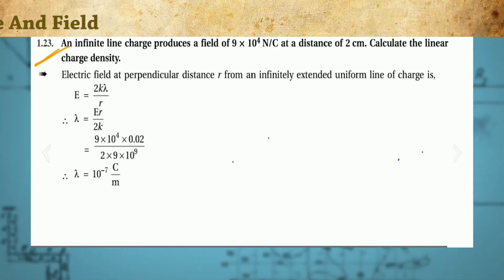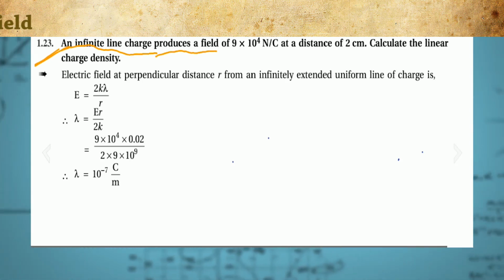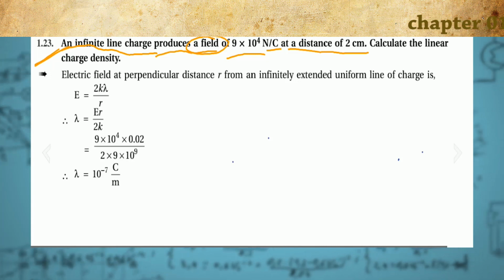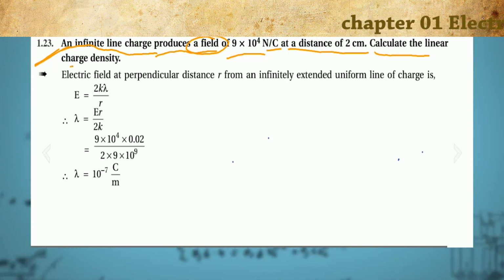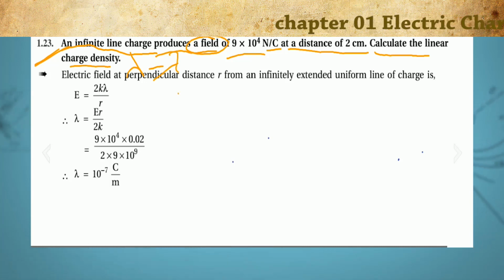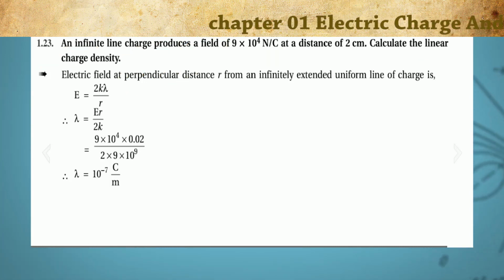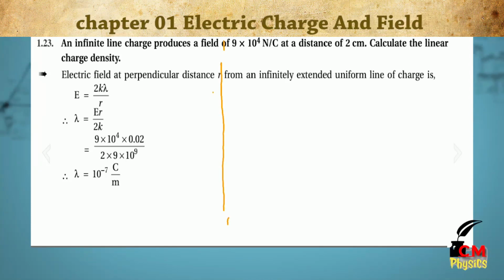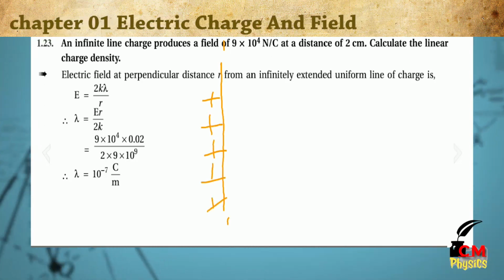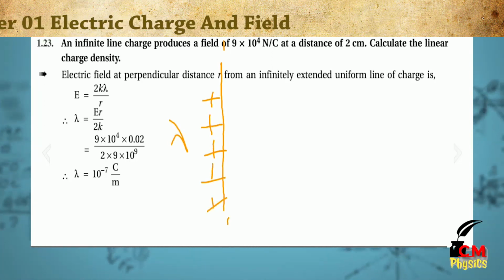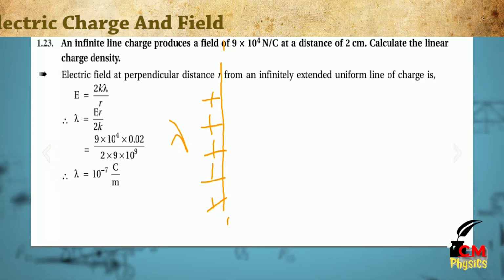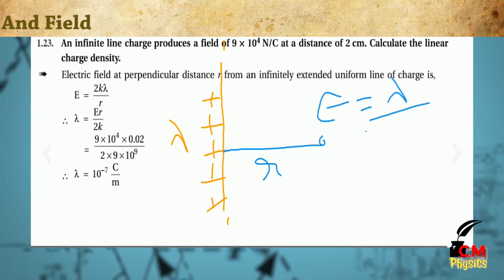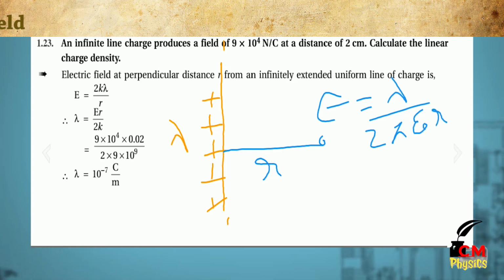Question 1.23. An infinite line charge produces an electric field of 9 into 10 raised to 4 newton per coulomb at a distance of 2 centimeter. Calculate the linear charge density, lambda. The concept is that if you have an infinitely long wire with some charge on it, with linear charge density lambda, then at a distance r from the charged wire the electric field is lambda upon 2 pi epsilon 0 r.